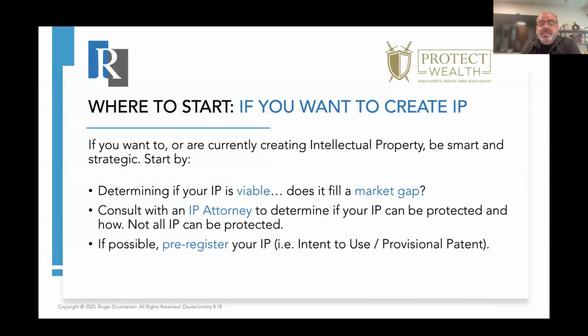If you determine it is protectable, then when possible, pre-register your IP. The trademark office allows you to file something called an intent to use application. Okay, it's the same cost as a trademark application, but it's nothing more than a hold on that trademark until you're ready to use it. And it's a really good tool that you can actually pay a nominal fee to keep extending for a total of 3 years.